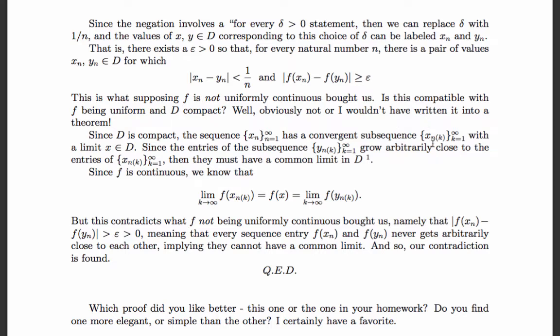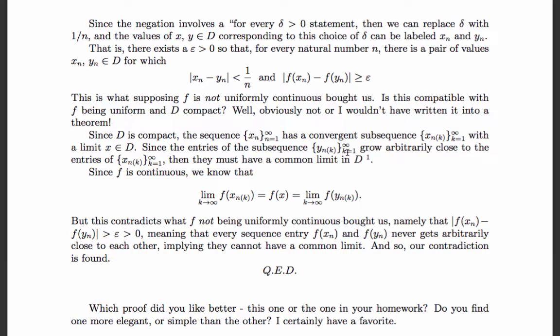Right, remember, if I pick the same indices, because that's what a subsequence is, I'm removing certain indices. So if I pick indices to generate a subsequence of x, if I choose the same indices of y, the difference between x and y of the same index is less than 1 over that index. That's this statement here.